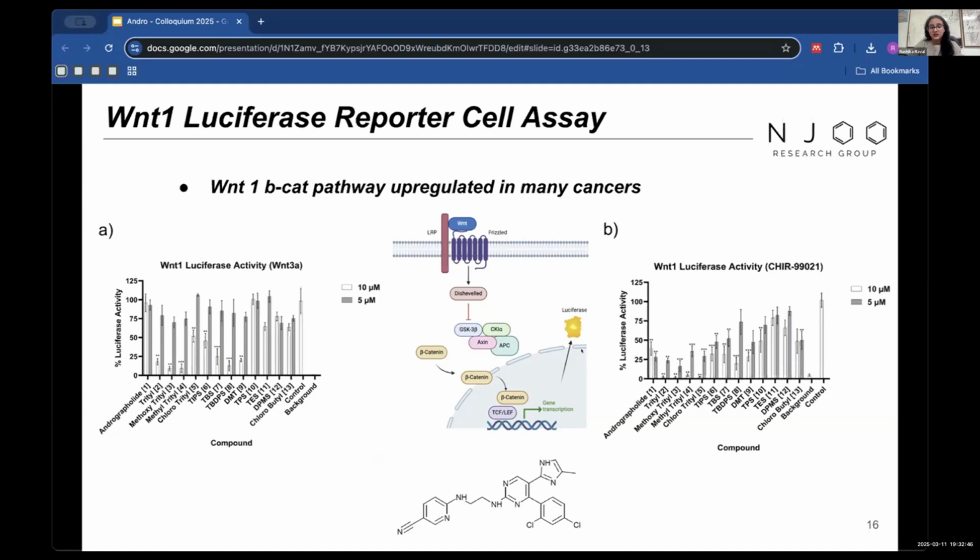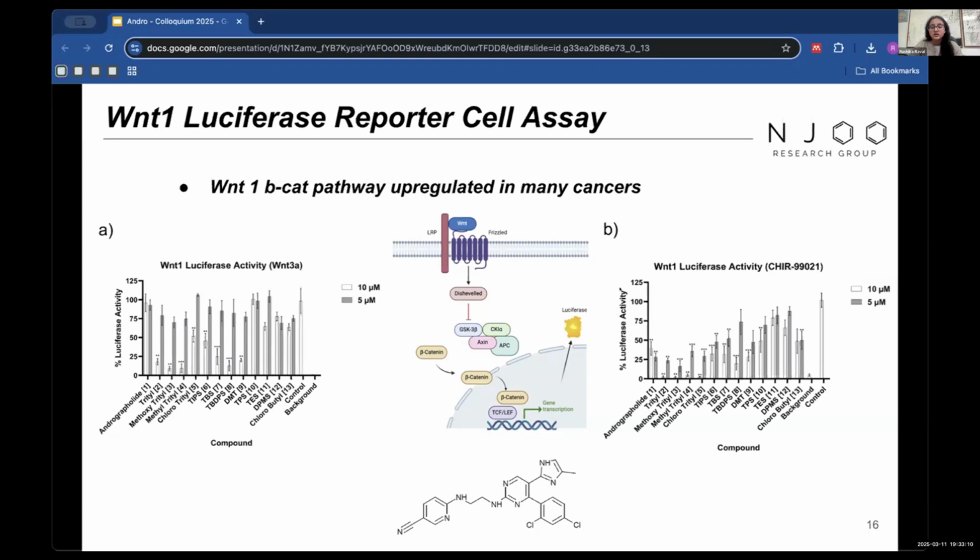And so notably, again, consistent with previous experiments, the trityl ether analogs exhibited potent inhibition of luciferase expression above 5 micromolar. Also, it was previously recognized from that study that C19 analogs show GSK3 beta dependent modulation of the Wnt1 signaling pathway.